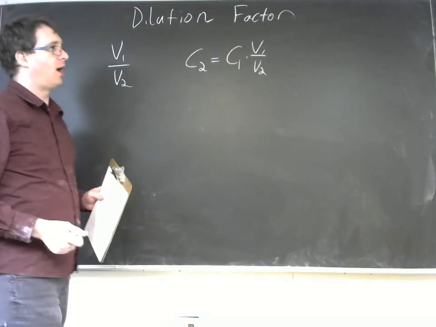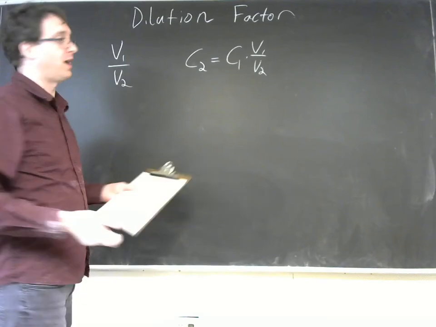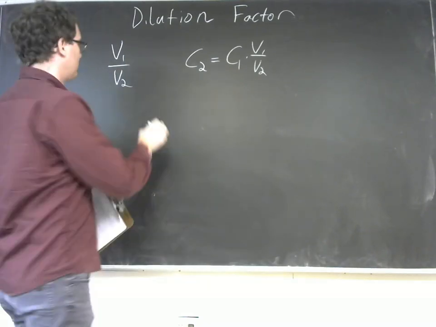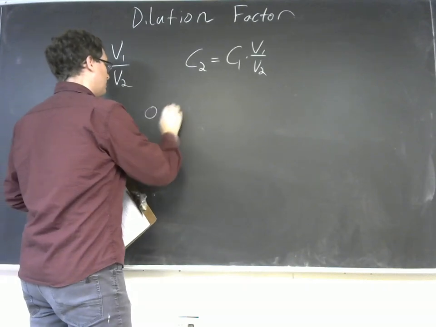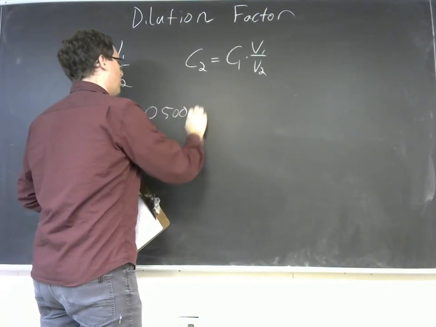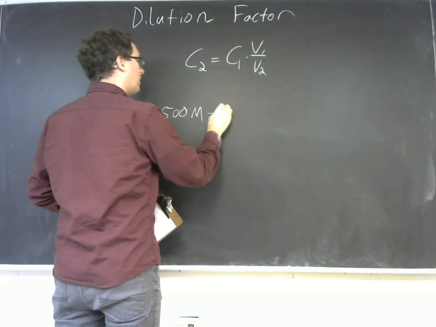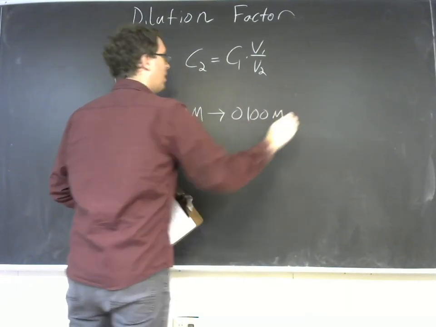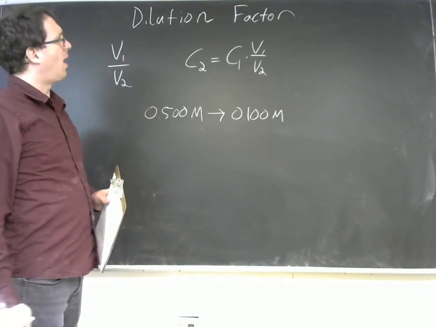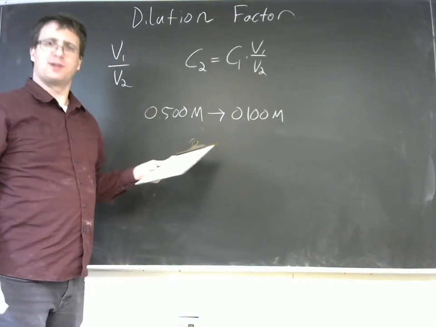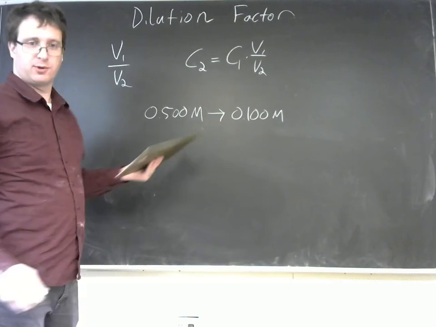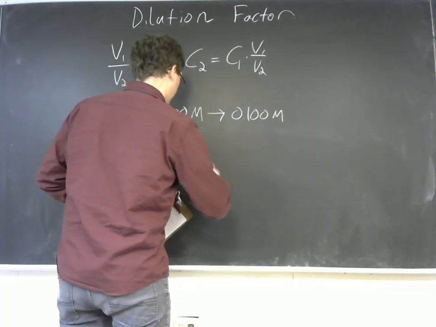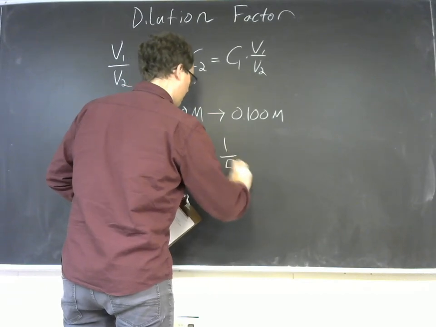But we could answer a question like, what dilution factor is needed to reduce a 0.500 molar solution down to a 0.100 molar solution? Well, it would be 1/5. So V1 over V2 is equal to 1/5.